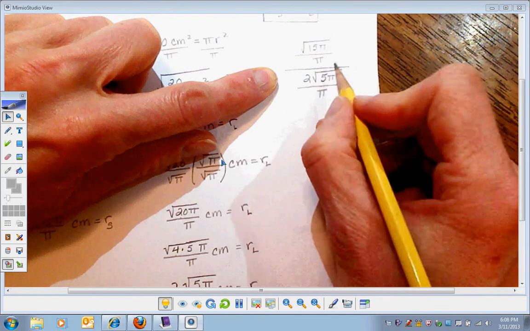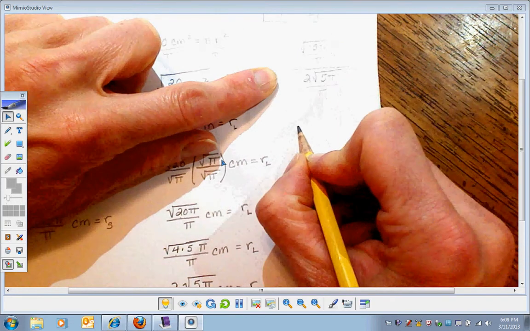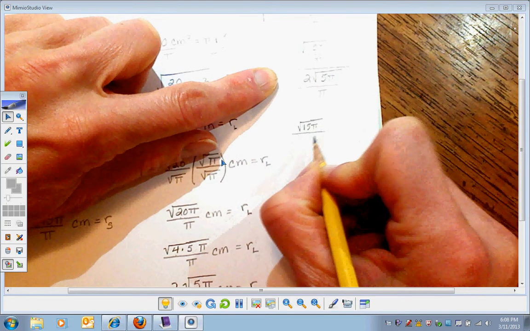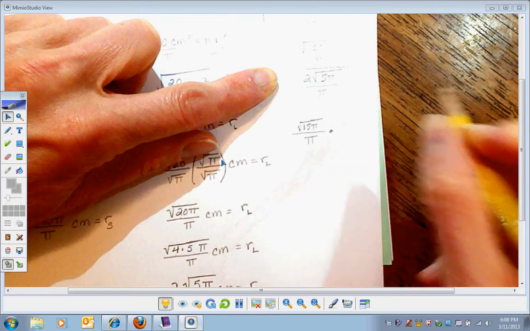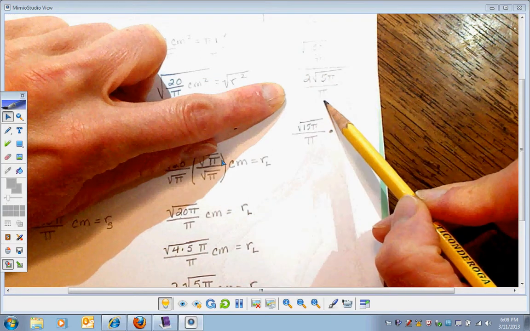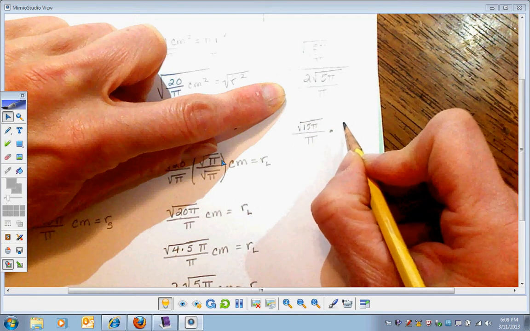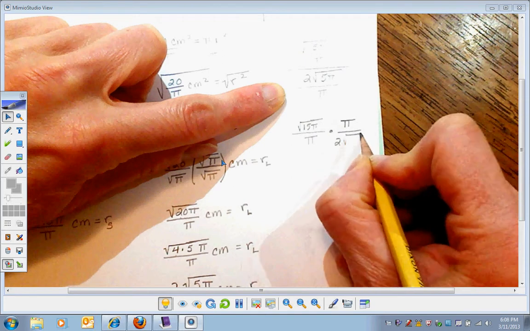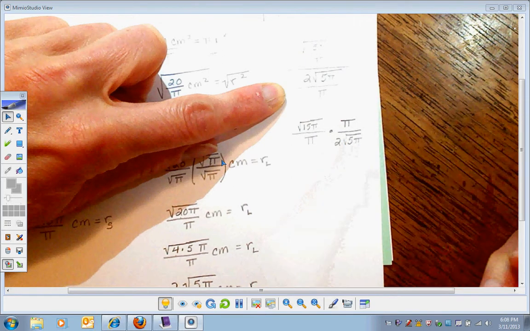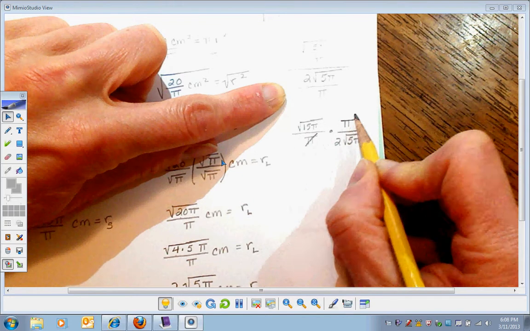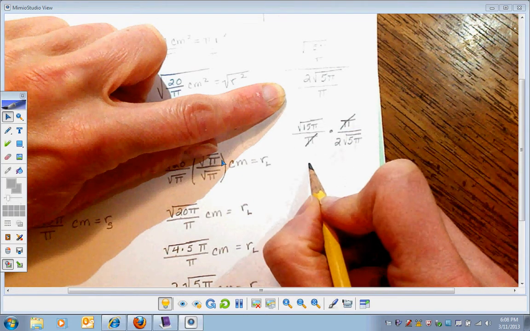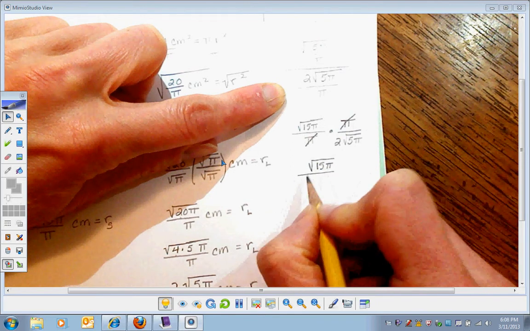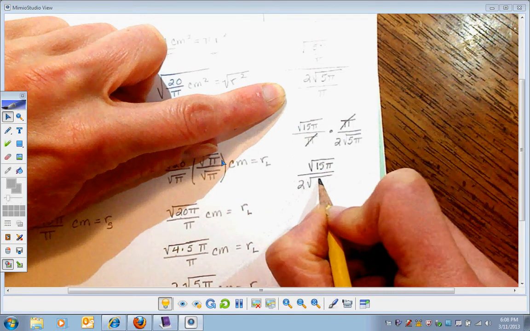So to clean this up, that's going to be the square root of 15 pi over pi times, I'm going to take the reciprocal of this, pi over 2 square root of 5 pi. My pi's cancel out. I have the square root of 15 pi over 2 square root of 5 pi.